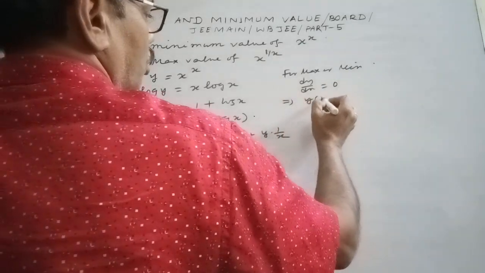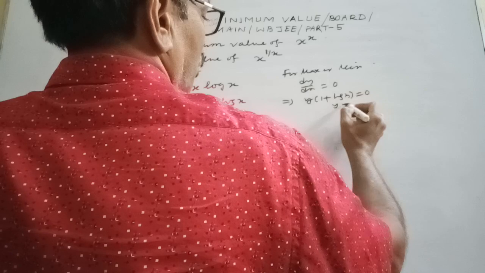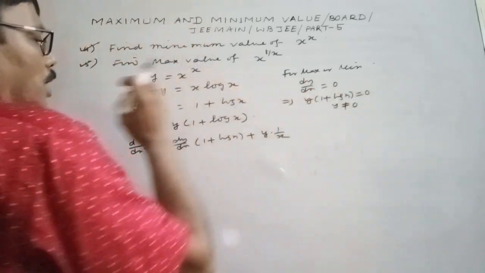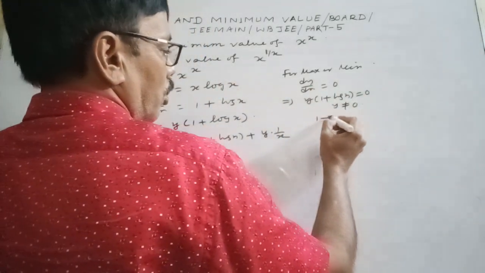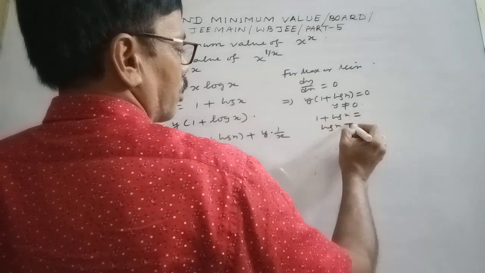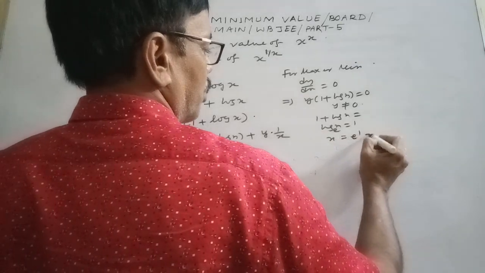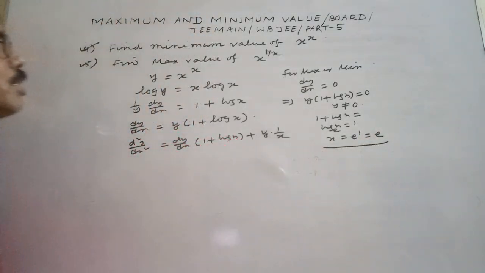So y into (1 plus log x) equals 0. So y not equal to 0, so 1 plus log x equals 0. So log x equals 1. Obviously base is e. So x equals e to the power 1, that is e.